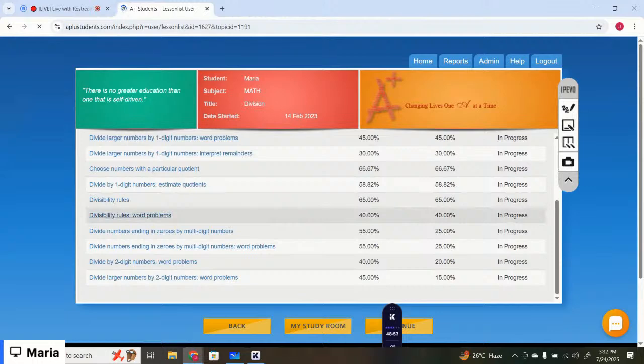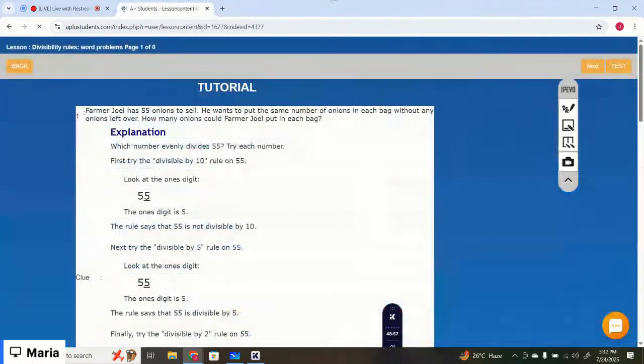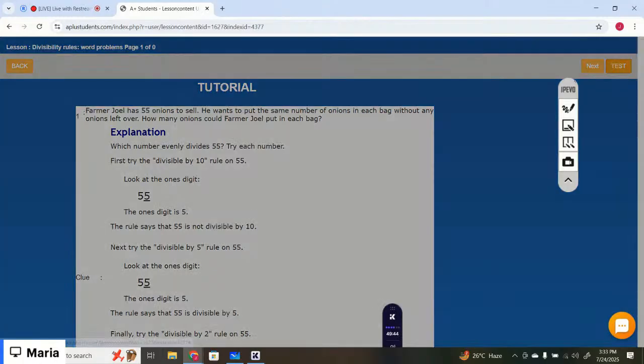Divisibility rules word problems. Let's just start with the test questions.